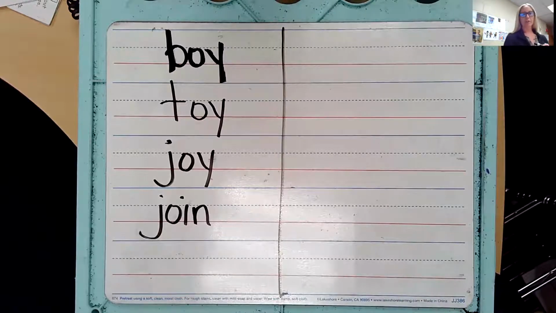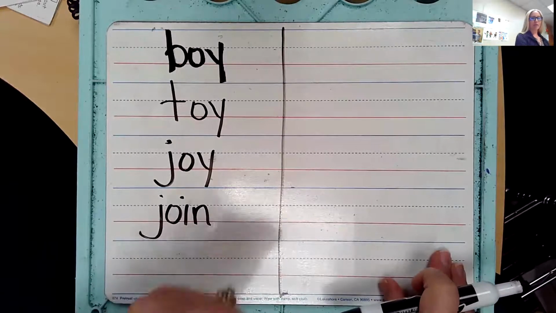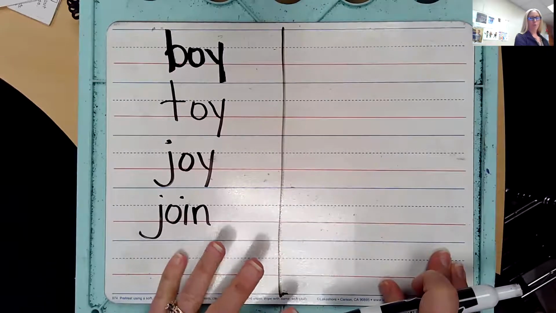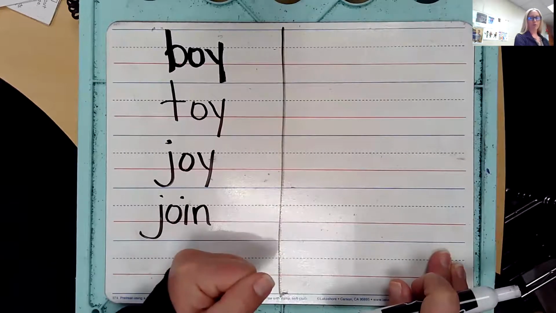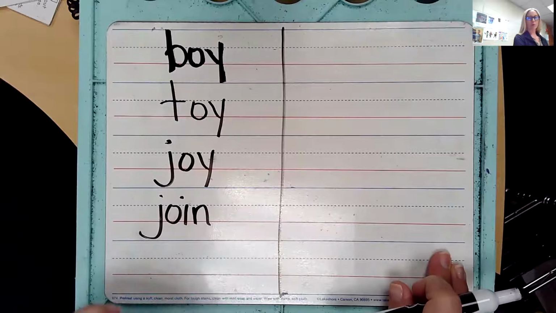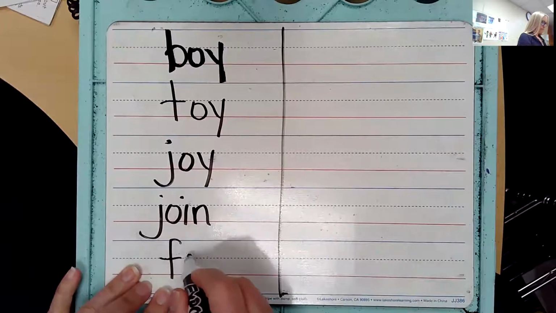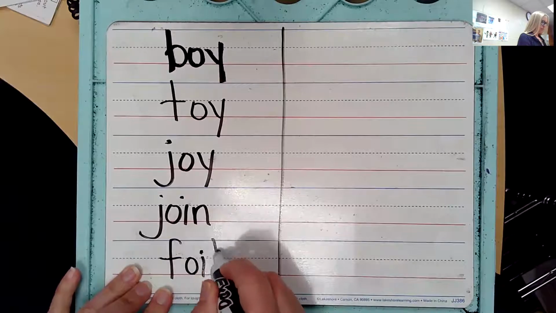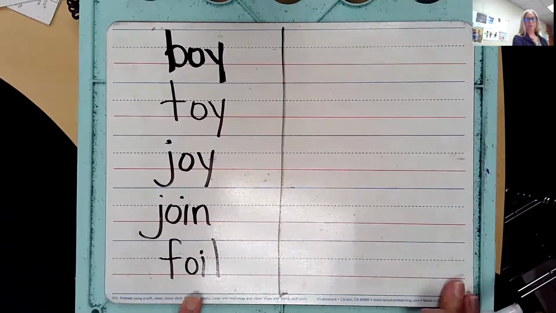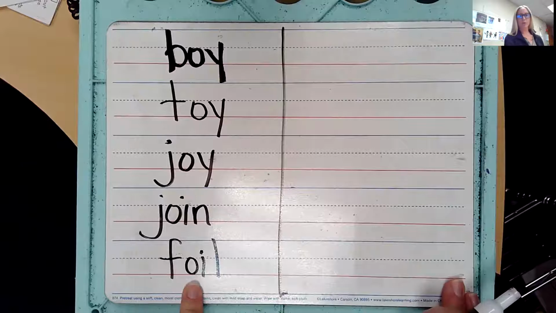Like I will put the food in the tin foil or aluminum foil. Okay, foil. Ready? Foil. Oil. Foil. Pause and write the word foil. Okay, check your work. This is the word foil.